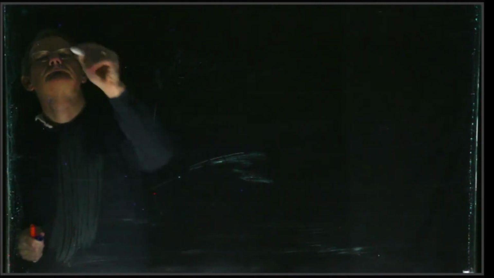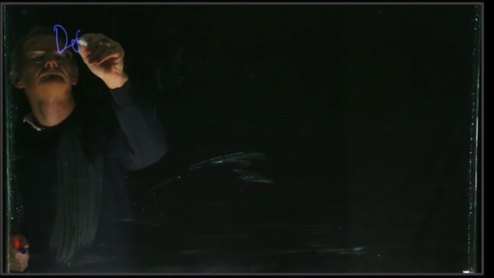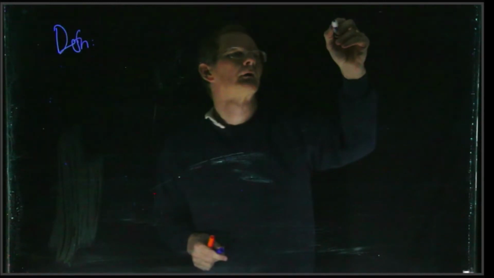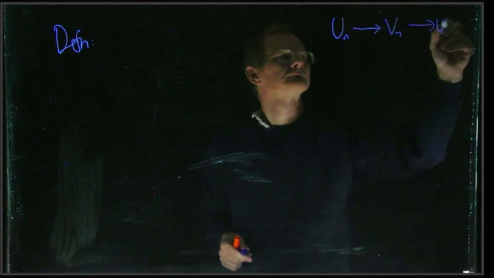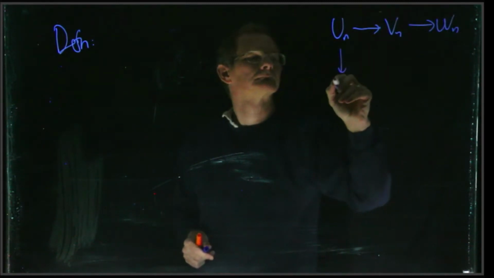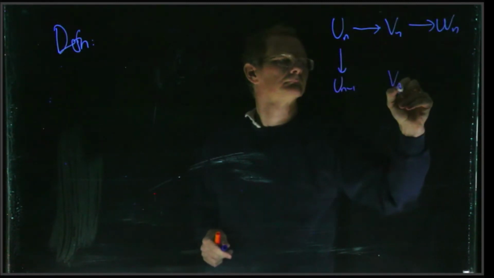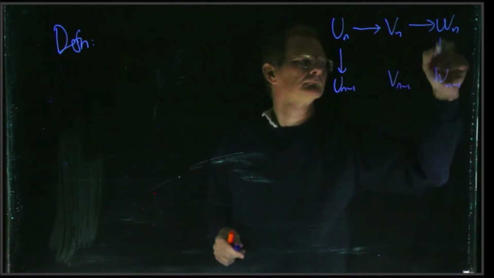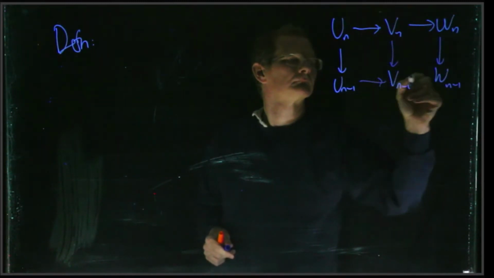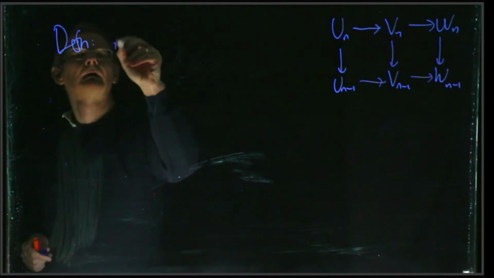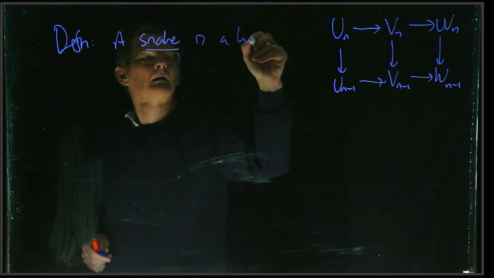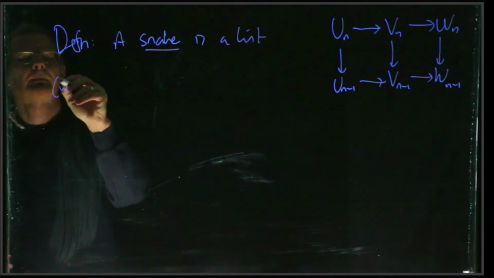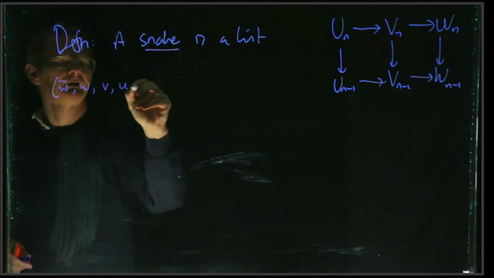So here's the key definition. Okay, let's just draw up here the context again. So a snake is a list like this: W bar, W, V, U, U bar.